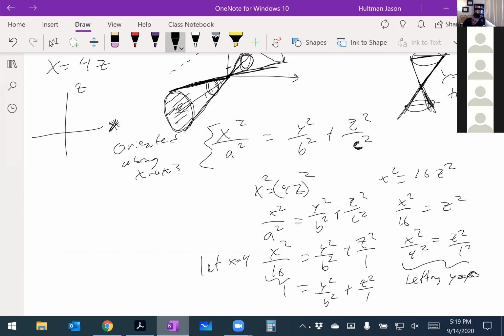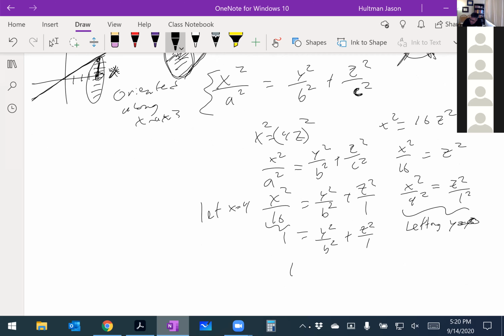That means every time I go out 4, I go up 1. So wouldn't the radius of that circle be 1 if I went out 4 in the x direction? Wouldn't this slice of this cone have a radius of 1?